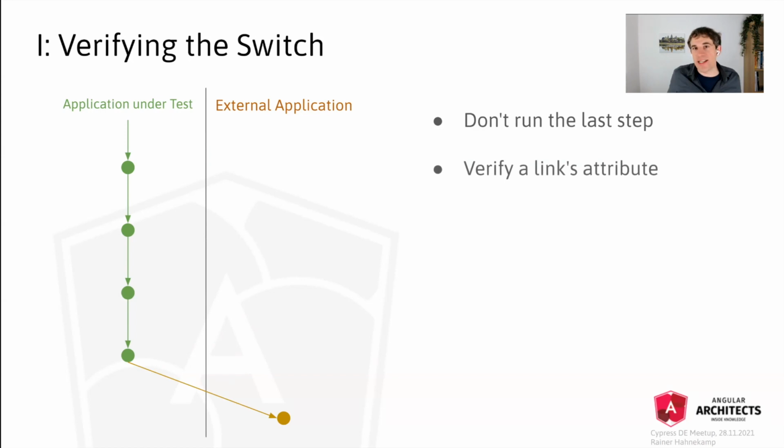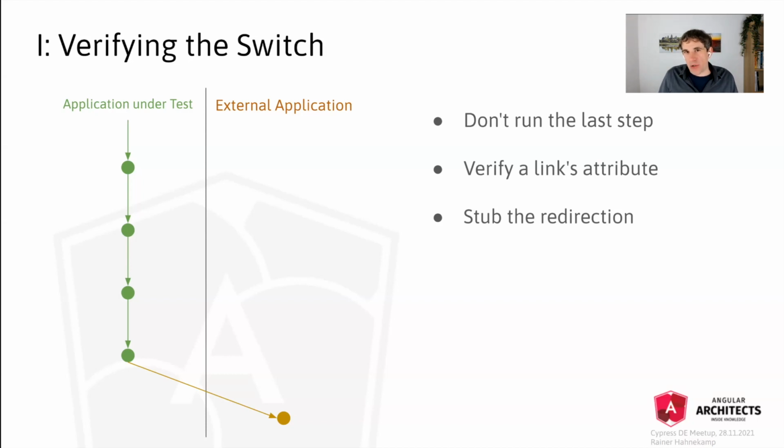And if it is a link, so if you have a normal A tag that has some kind of href, then don't click on the link, just verify that the A link has the href attribute set to wherever you want the user to go.